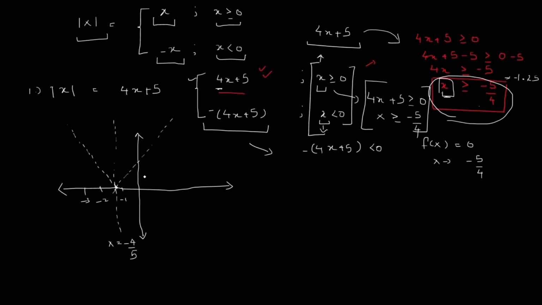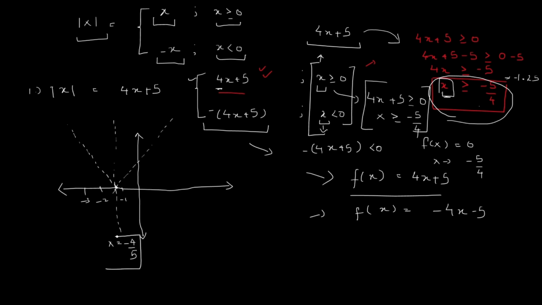And if you have trouble plotting the graph for the two sub-functions, you can always try to put values in f of x equals 4x plus 5 and f of x equals minus 4x minus 5, and you will see both graphs are symmetrical about minus 5 by 4.